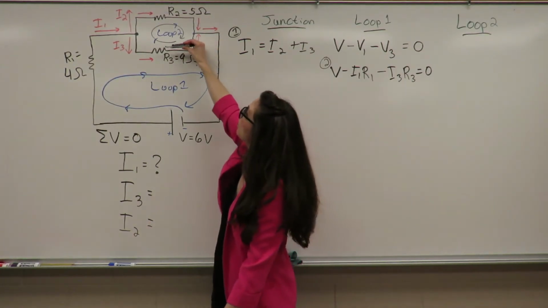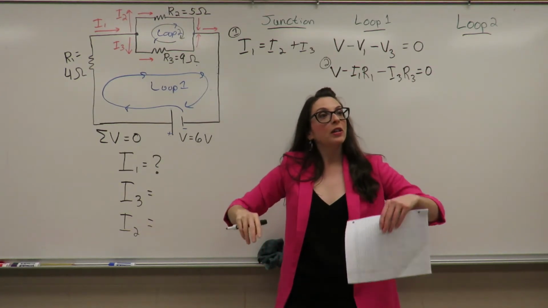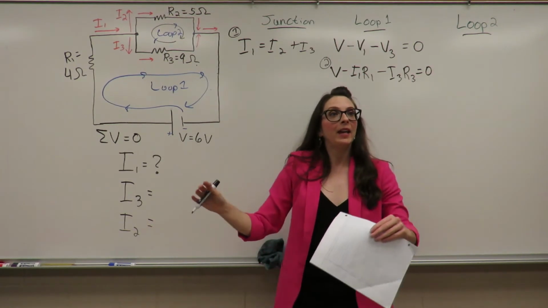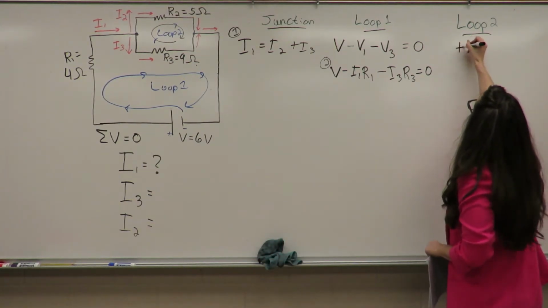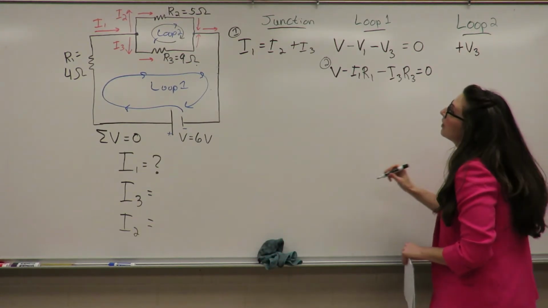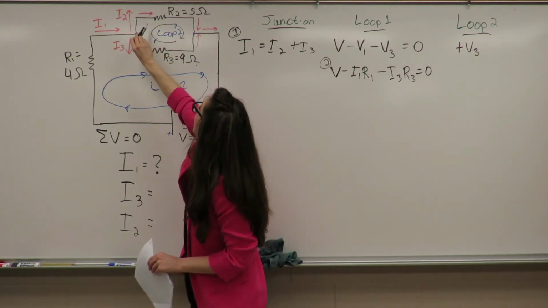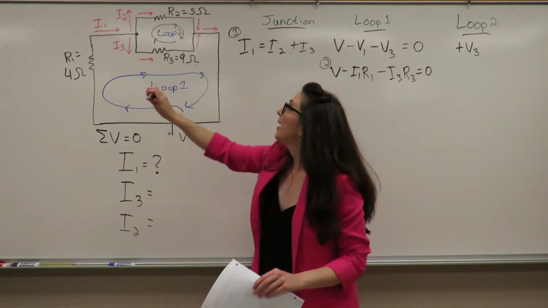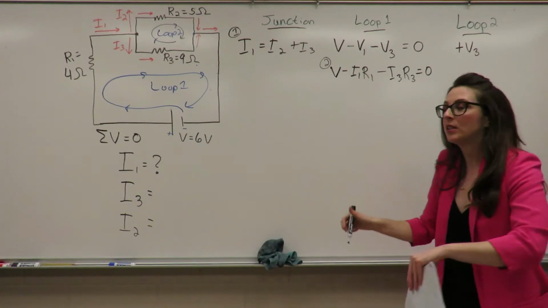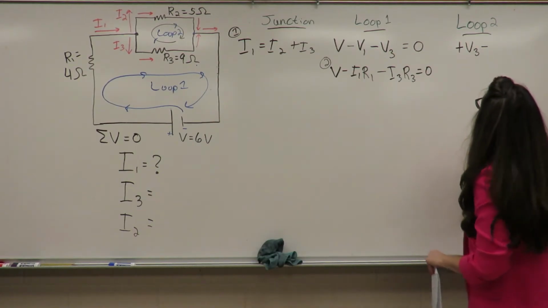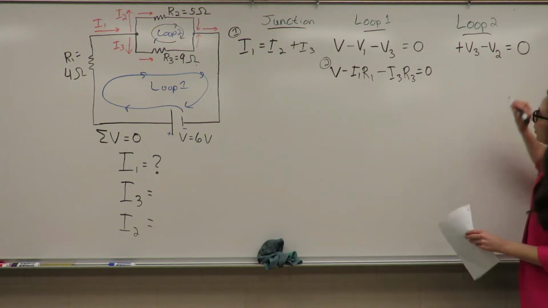And whenever I'm moving through my loop opposite the direction of current, I'm actually not decreasing my potential, I'm gaining potential. So this, I would say, is positive V3. And then I come around this loop and I go through resistor 2 in the direction of I2. So in that case, I'm decreasing my potential.